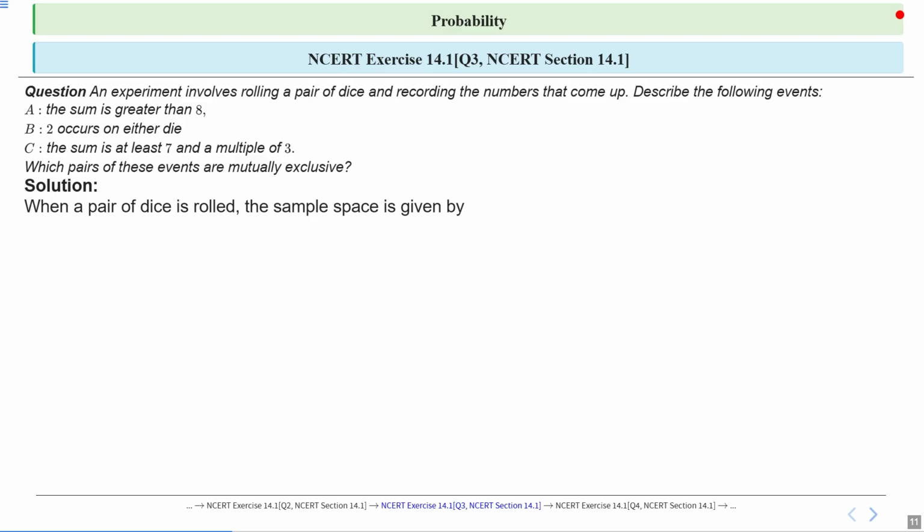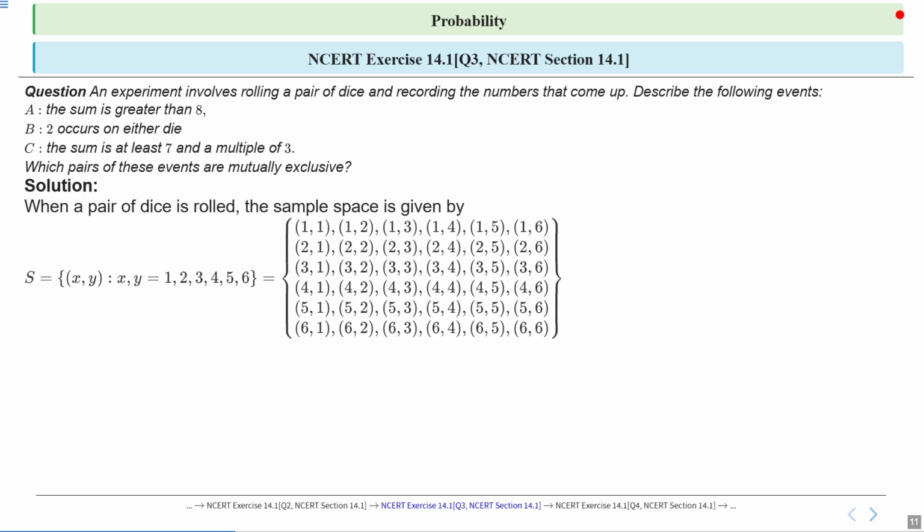The sample space is given by S equal to the set containing the ordered pairs (x, y) such that x and y range from 1 to 6.